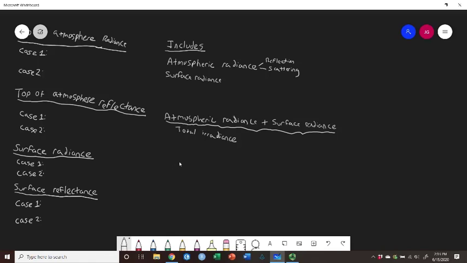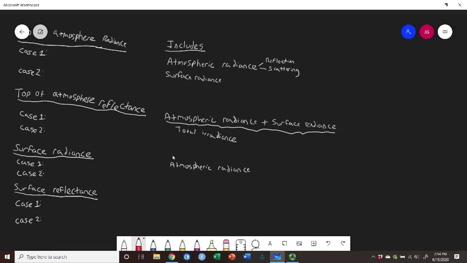Surface radiance, well, what does surface radiance include? If you remember back to our discussion about surface radiance, what we've done is that atmospheric correction. And that atmospheric correction took care of that atmospheric radiance. So I want to reiterate this. We're going to put atmospheric radiance here, and then I want to highlight something.